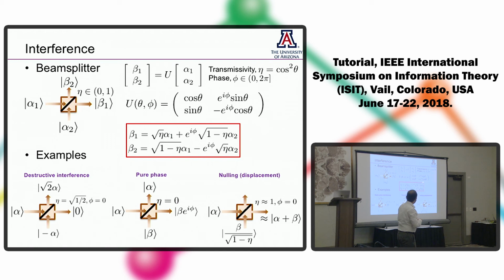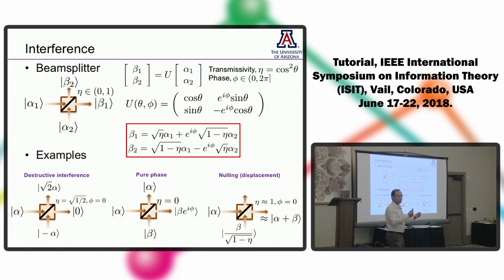And I can interpret one of these phases as cosine theta being square root of eta and sine theta being square root of 1 minus eta, where eta, this number between 0 and 1, is the transmissivity of that beam splitter. That's the fraction of alpha 1 that goes through into beta 1, and 1 minus eta is the fraction of alpha 2 that goes into beta 1.